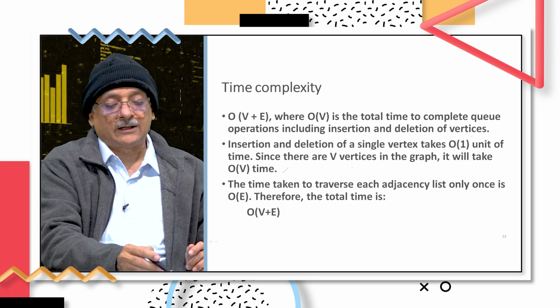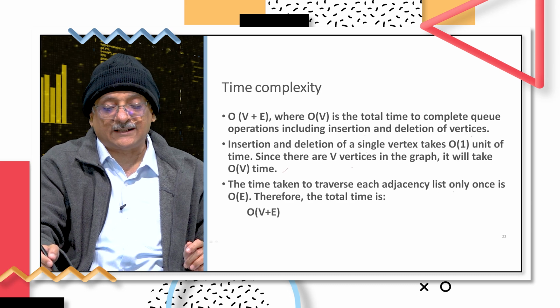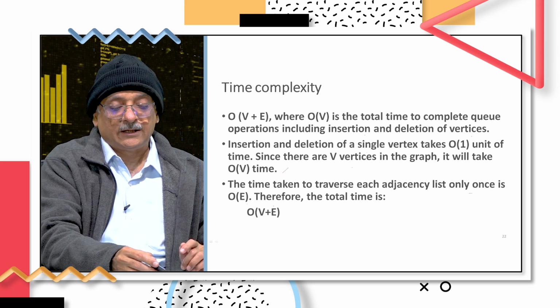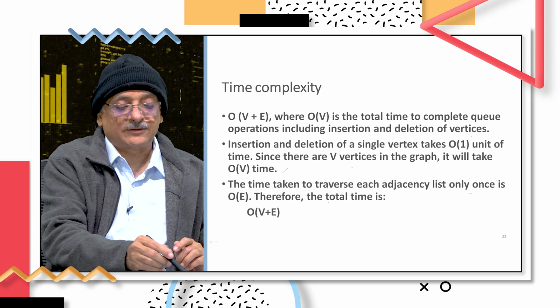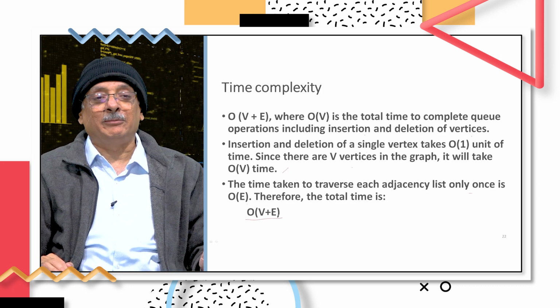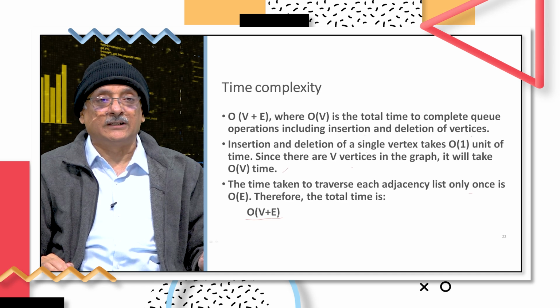The time taken to traverse each adjacency list only once is order of E. Therefore, the overall time is order V plus E. This is the same order as we had for the depth first search. So the time complexity of both depth first search and breadth first search happens to be the same.